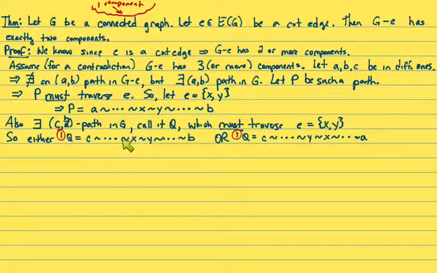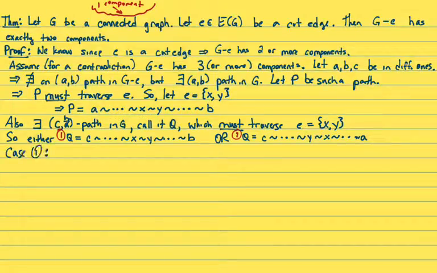So watch this. Let's say case 1 is the case, that we've got a path from C to B that crosses across E right here. Then I can get from C to X and then from X to A along the path P inverse.